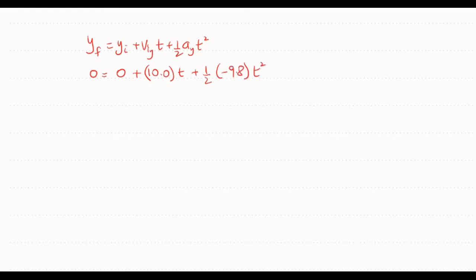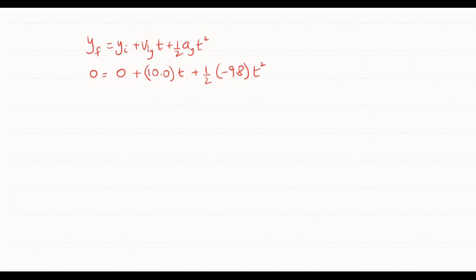Y final is Y initial plus VIY T plus half AY T squared. Y final is 0, it's on the ground level. Y initial is 0. V initial in the Y direction was 10.0 meters per second. T is what we are looking for, half, and A is minus 9.8 meters per second squared, T squared.